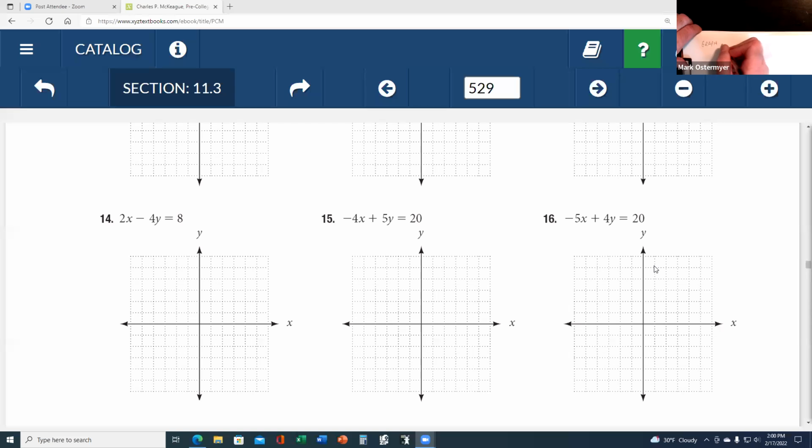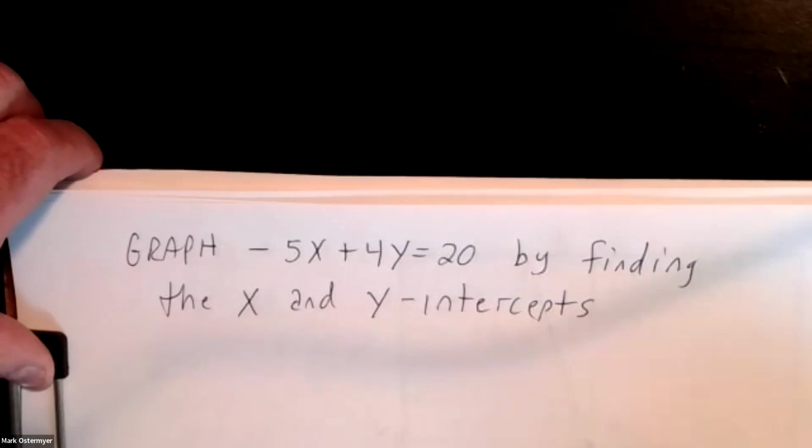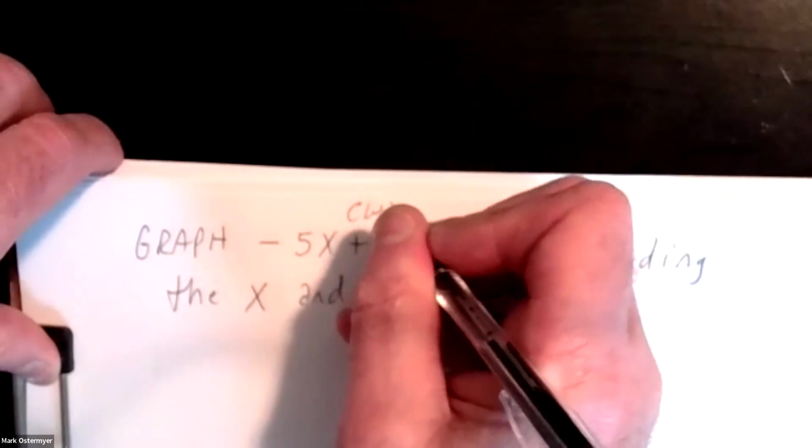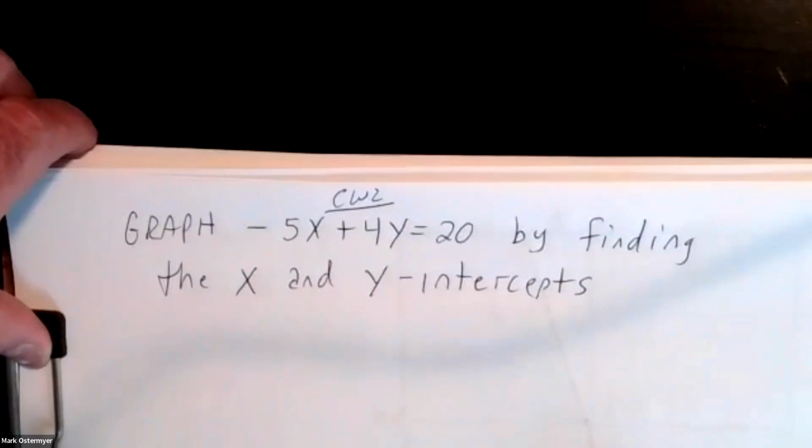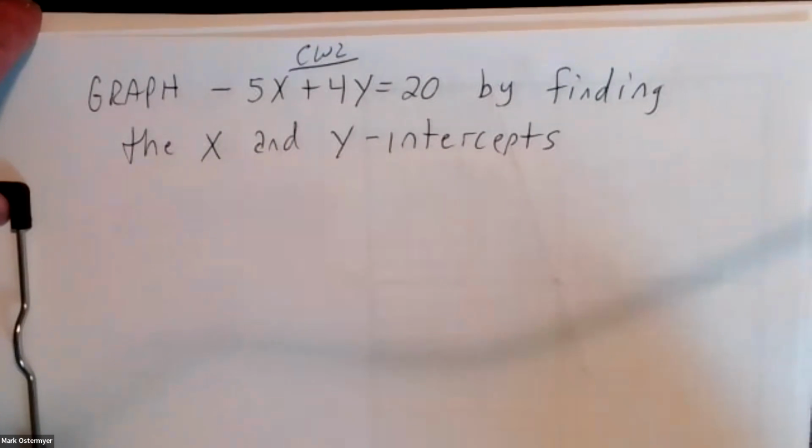So let's see if you can graph -5x + 4y = 20 by finding the x and y intercepts. All righty, so we'll call that classwork number 2. Go ahead and see if you can graph that linear equation by finding the x and y intercepts.